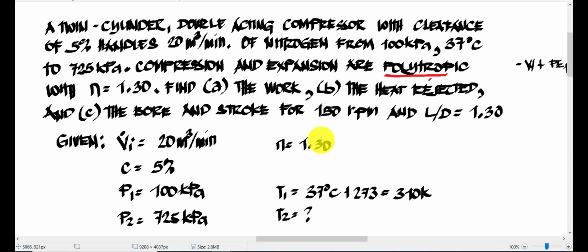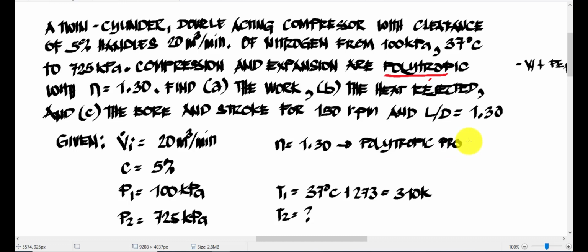And also given we have your RPM. This n is for the polytropic process, 1.3. So I'm going to write polytropic process here so we can distinguish this n from the N that we're using for the RPM.